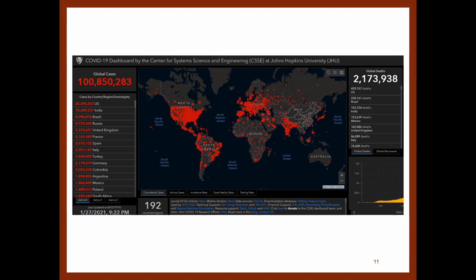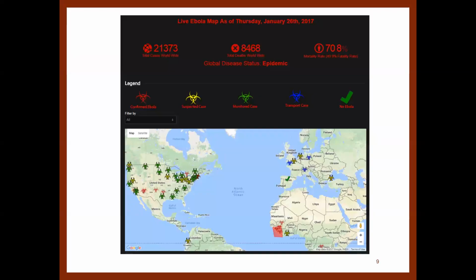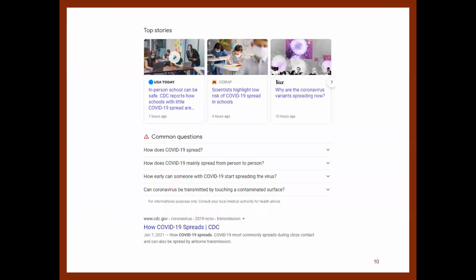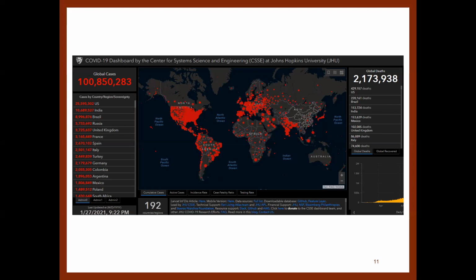This is by the Center for Systems Science and Engineering at Johns Hopkins University. And they are developing these dashboards to keep statistics on the number of global cases, 100 million cases globally, when compared to 21,000 for Ebola.